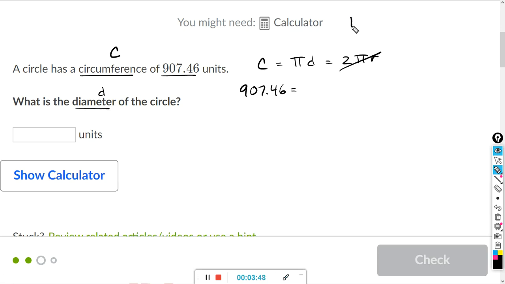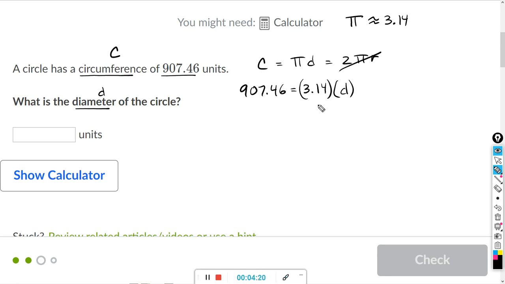So remember that pi is approximately 3.14. I don't think you can use the pi key on the calculator for this one, or it's going to give you the wrong answer. So don't use the pi key. Use 3.14 in place of pi. And that's times the diameter d.